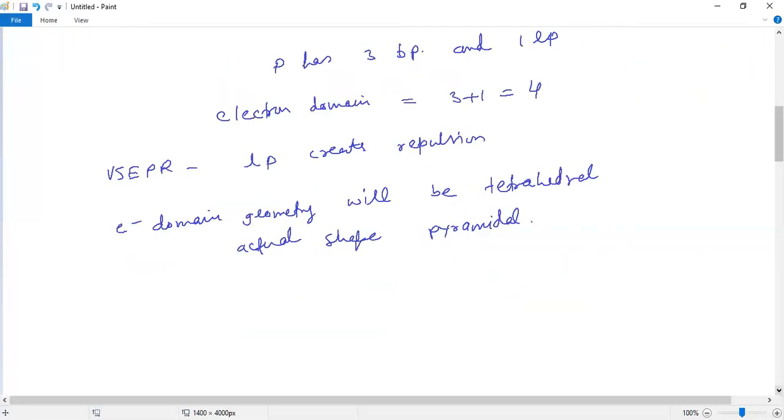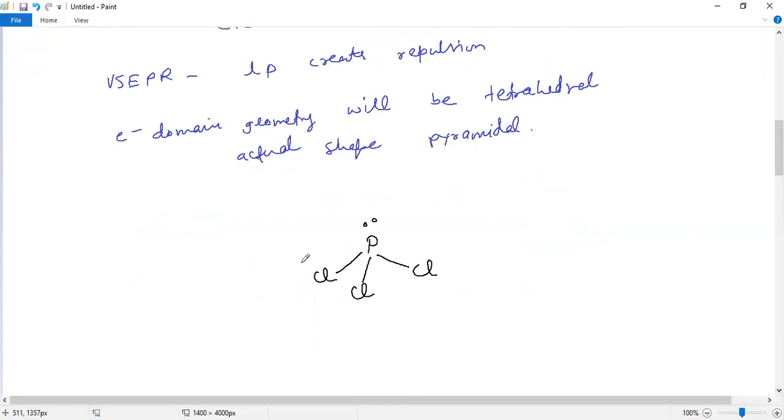Now let's draw the structure. So now see, this is phosphorus with a lone pair, and this is the molecule, which looks like a pyramid, hence pyramidal.